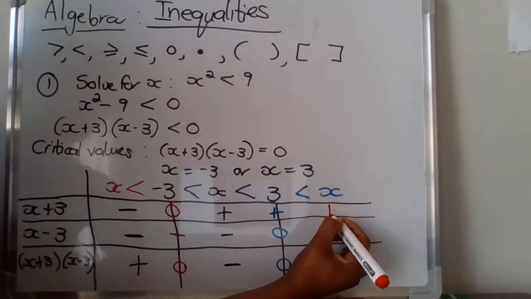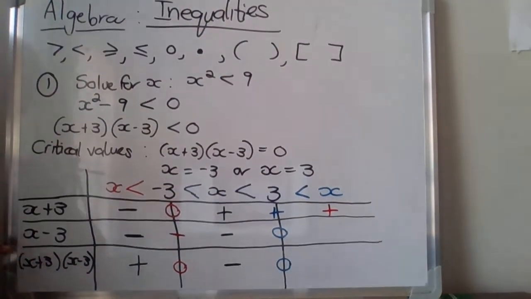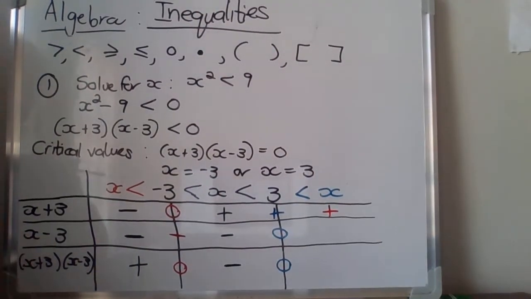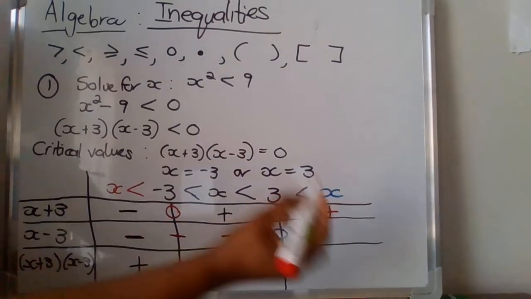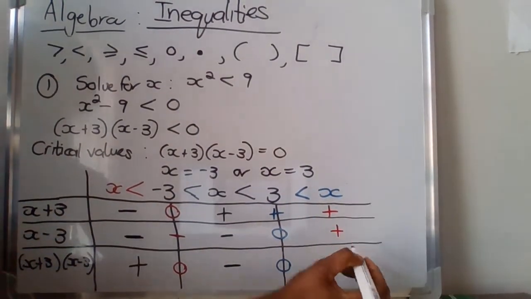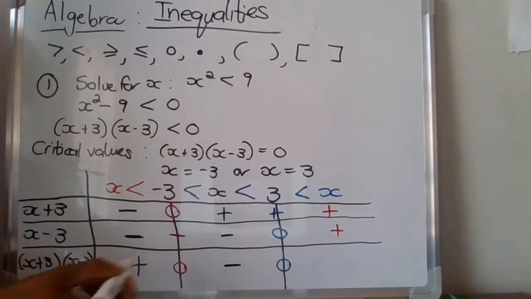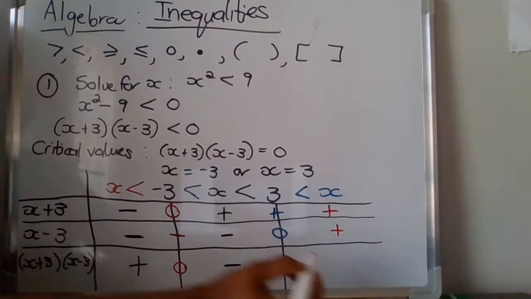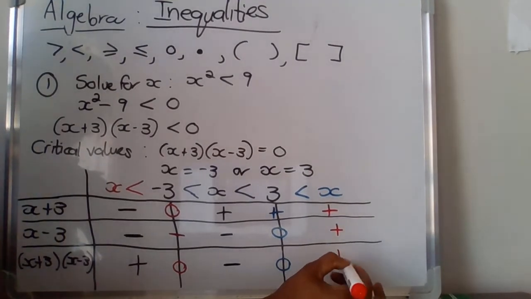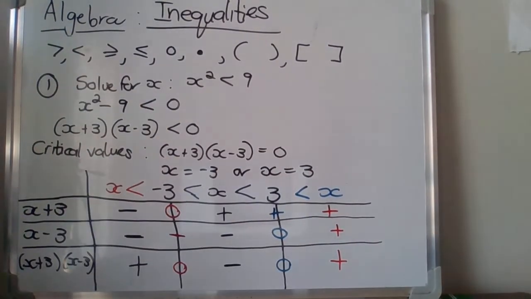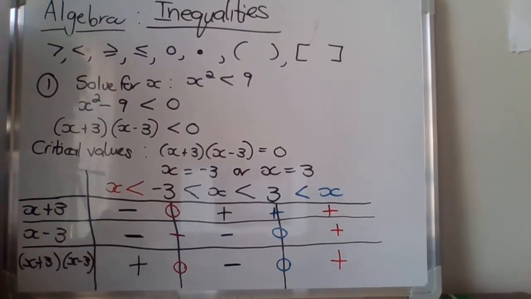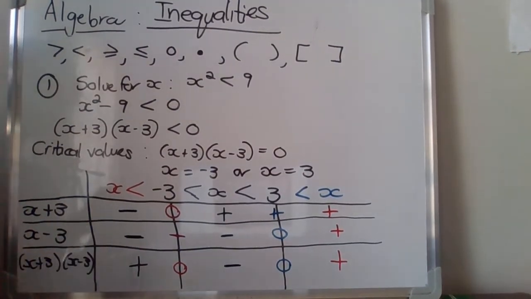That's still a positive value. 4 minus 3, that's 1. So that's also a positive value. And a positive value times a positive value, because now we are multiplying the two numbers, gives me a positive value.